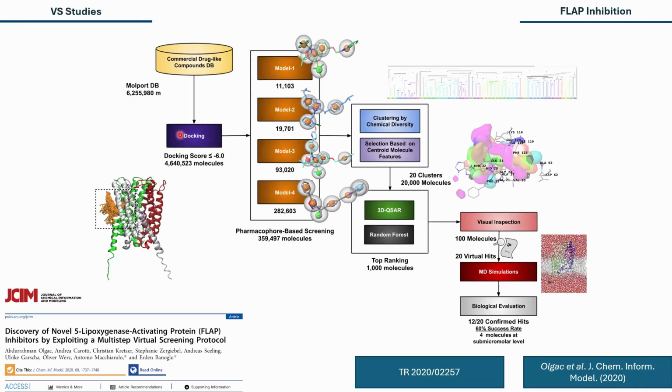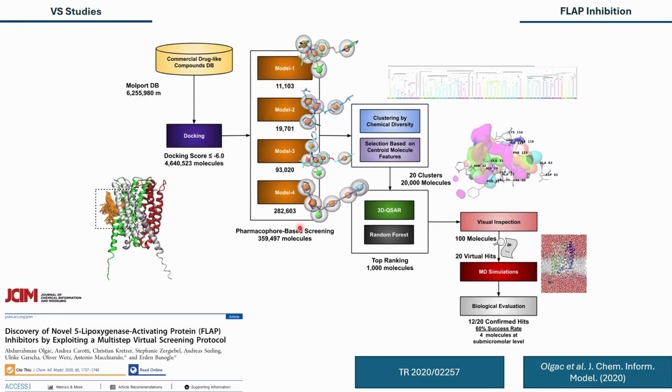So we decided to generate all the conformations within the binding pocket by docking, and we just applied a very simple score filter. In a million-level screening, we reduced the number and proceeded with 4 parallel pharmacophore model screening studies. These models were also generated within the binding pocket.